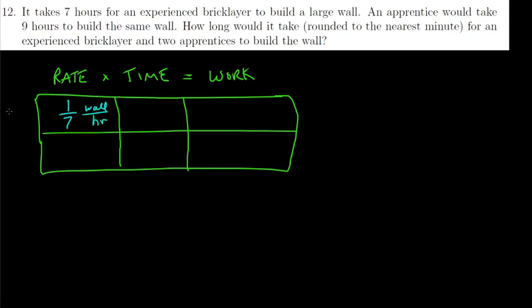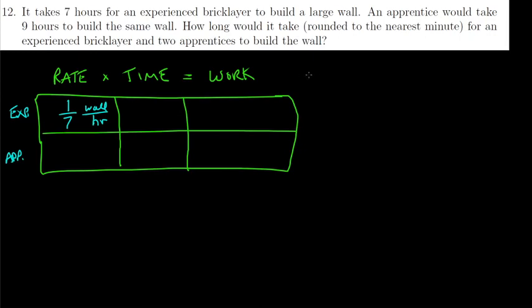So this is for the experienced bricklayer. We also have an apprentice, right? So what are we looking for here? The amount of time it takes for an experienced bricklayer and 2 apprentices. So let's give that a name.